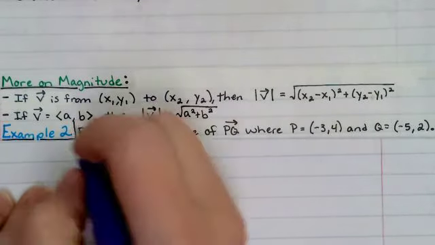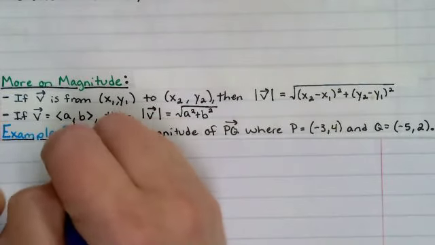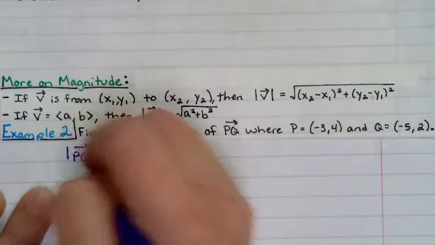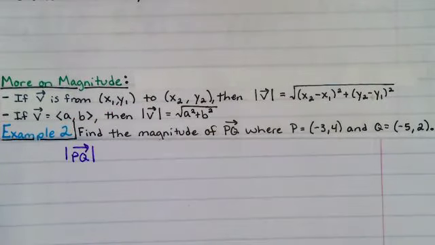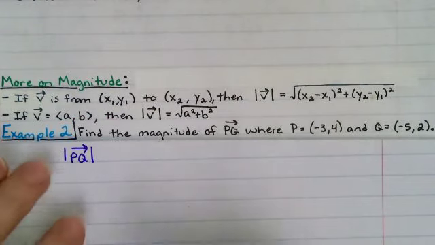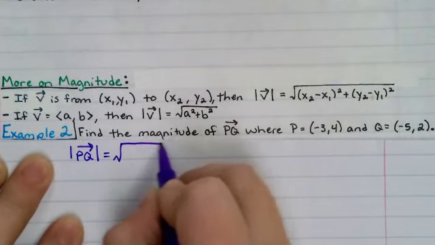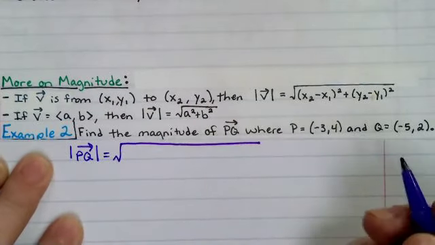So you choose, but I'm going to use the distance formula because I think it seems simpler. So for the distance formula, we will use P as the x1, y1, and we're going to use Q as the x2, y2. When we plug these into the formula, make sure you use your big fat square root, right?